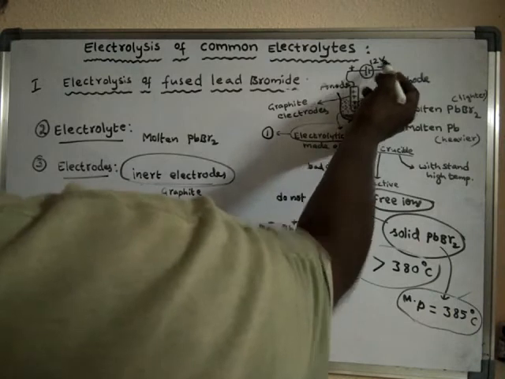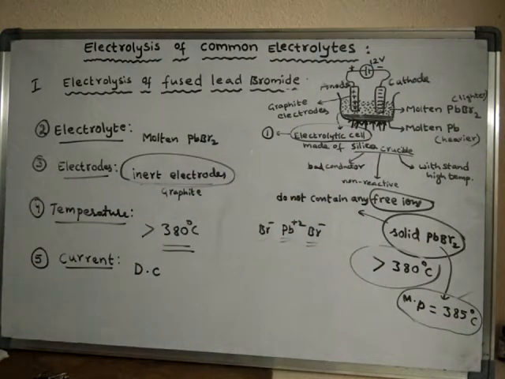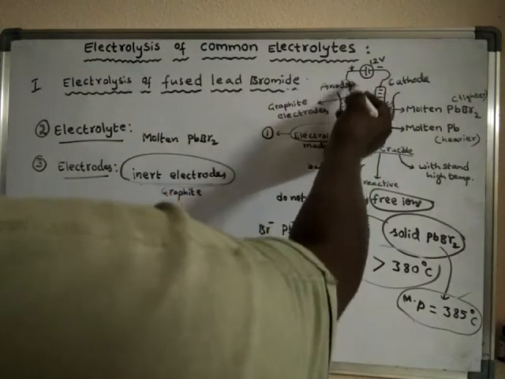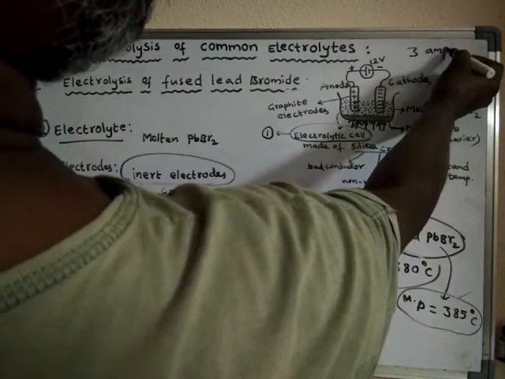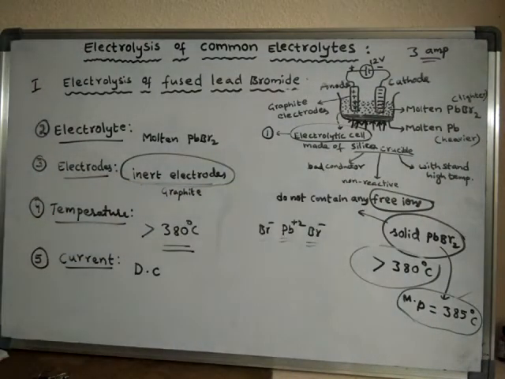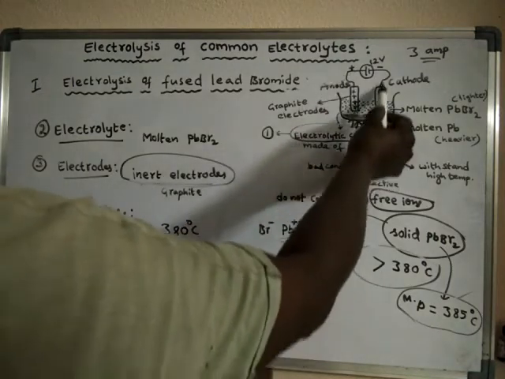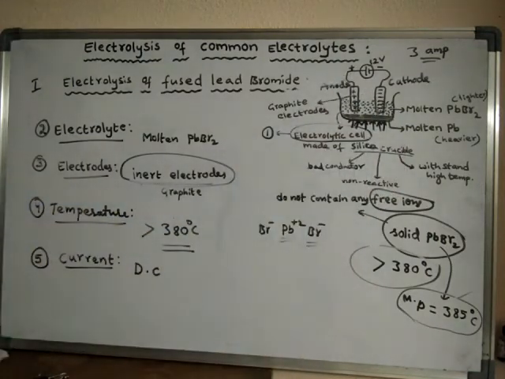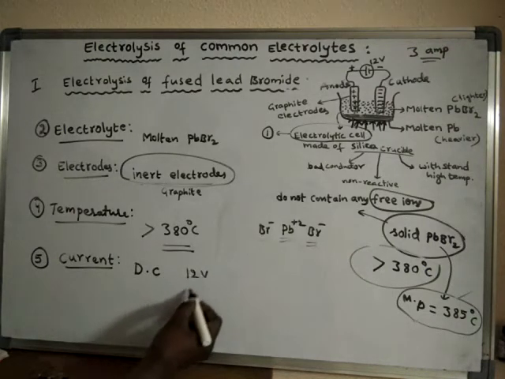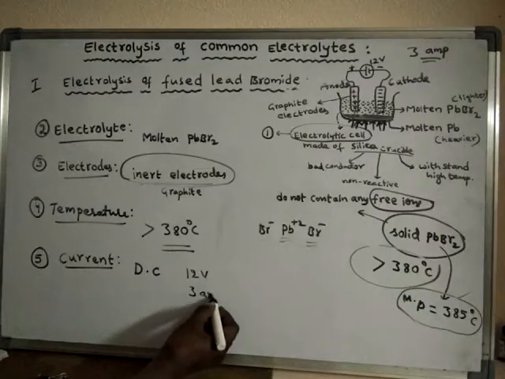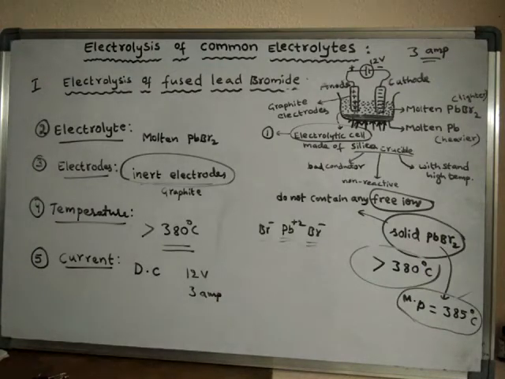The battery has 12 volts capacity, that is, its potential difference is 12 volts, and it passes 3 amperes of current through the electrodes, through this cell. So the voltage is 12 volts and the current is 3 amperes.